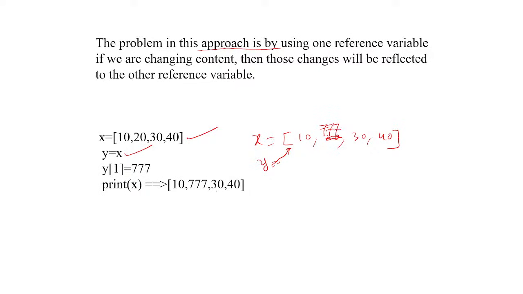When I say print x, see here, I made the change with the name y, and if I use the name x here, the change is reflected on this name also, because both are pointing to the same list. This is the problem.